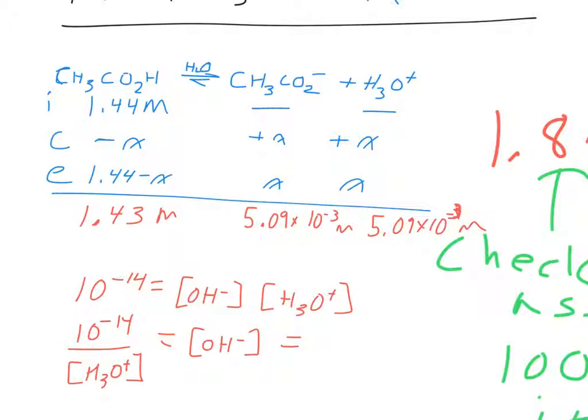So my hydroxide concentration is 10 to the negative 14th divided by 5.09 times 10 to the negative 3rd equals 1.96 times 10 to the negative 12th molar.